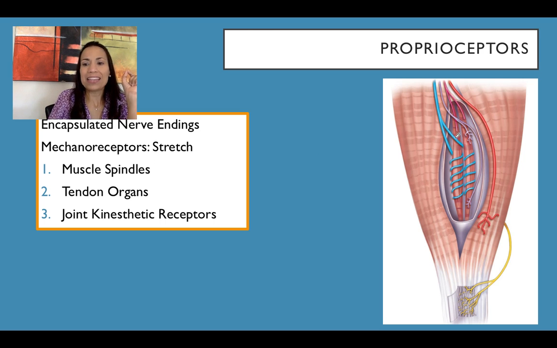They are innervated by sensory fibers, these in blue and in purple. These sensory fibers twist around special skeletal muscle fibers called intrafusal fibers, and they detect when the muscle is being stretched.